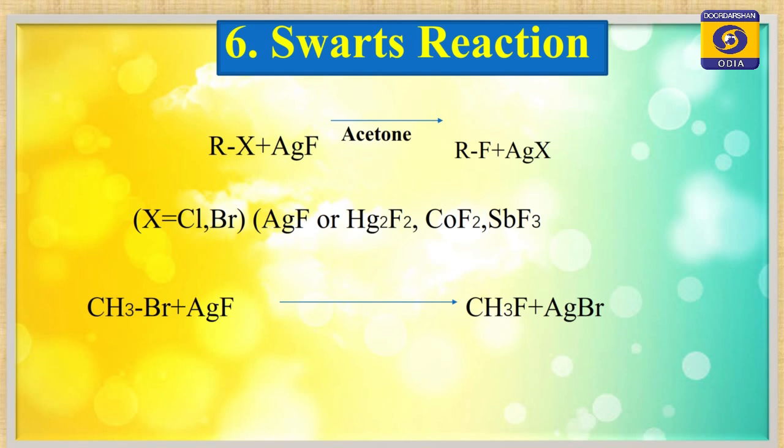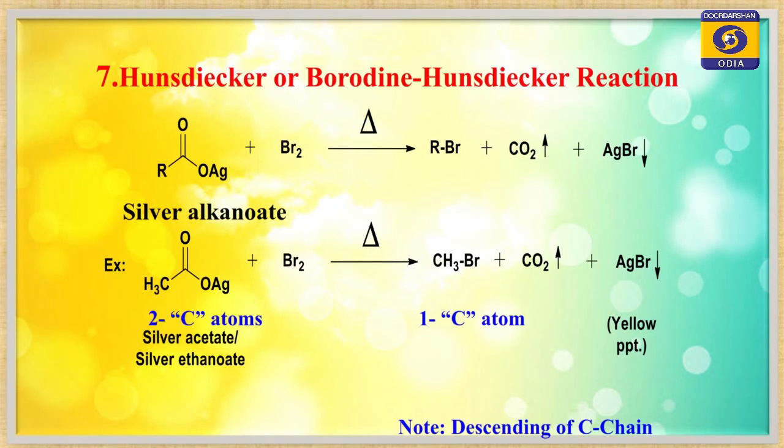Let us see the next one, the Hunsdiecker or Borodin-Hunsdiecker reaction. Students, this method is best to prepare alkyl bromide. Here the reactant is the silver salt of carboxylic acid, RCOOAg, as you can see in the formula on the screen, called silver alkanoate.